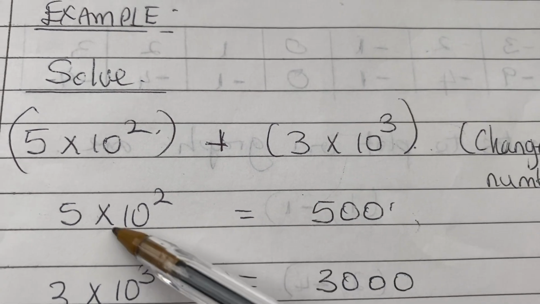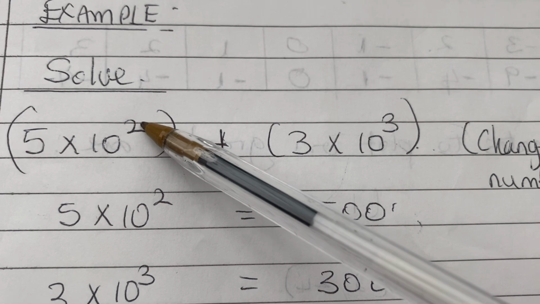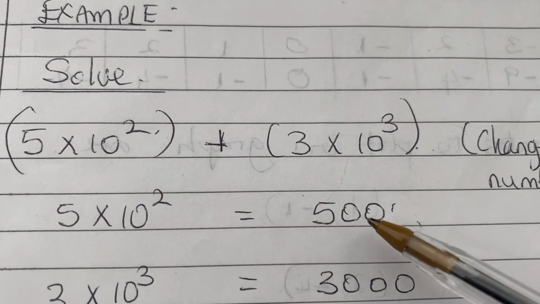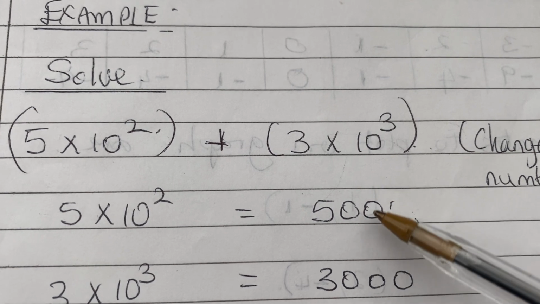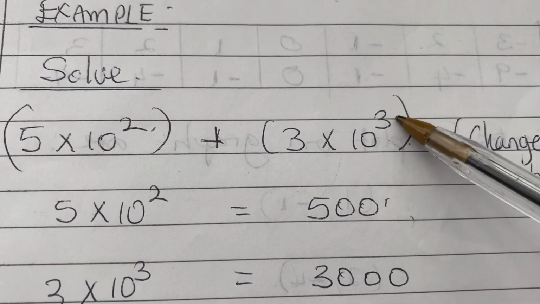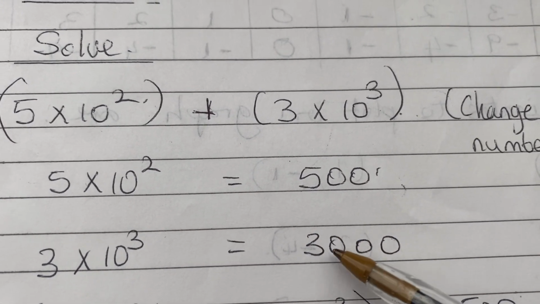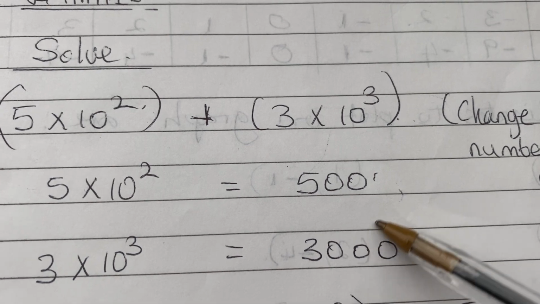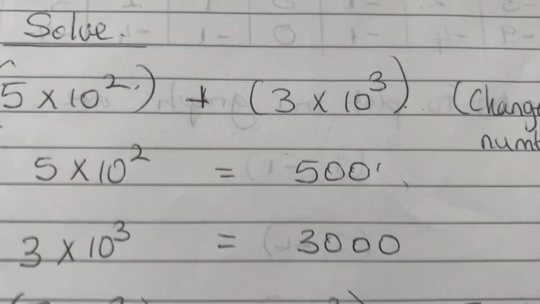Okay, so here, this one is 10 to the power plus 2, so I can write 5 and then move the decimal 1, 2, so it becomes 500. 3 times 10 to the power 3, so I'll write 3.0 and move the decimal places 3 times.